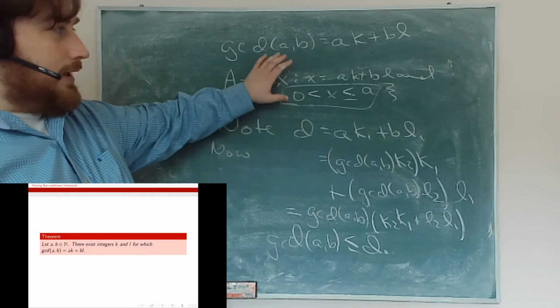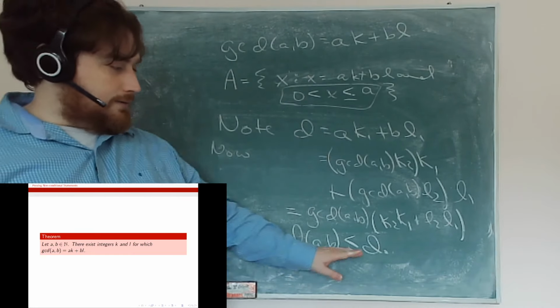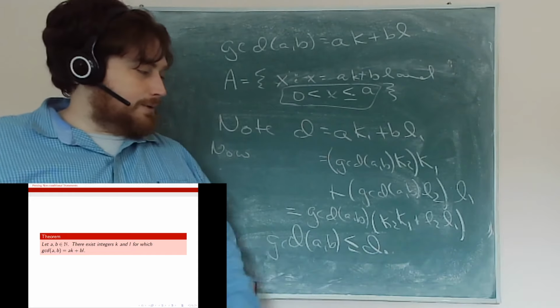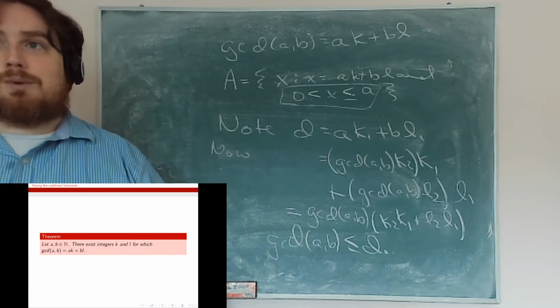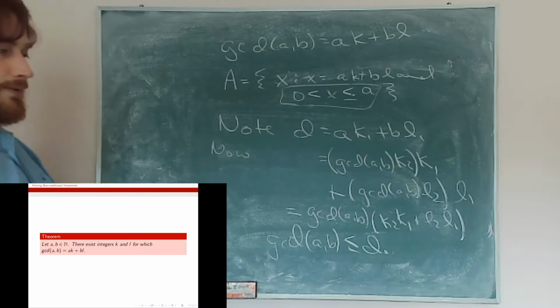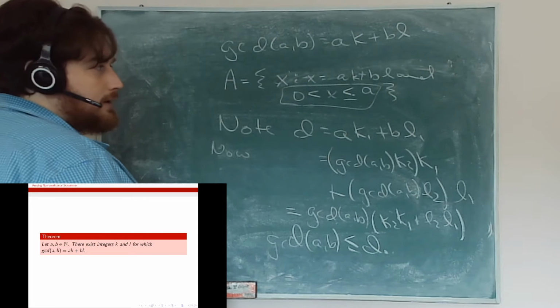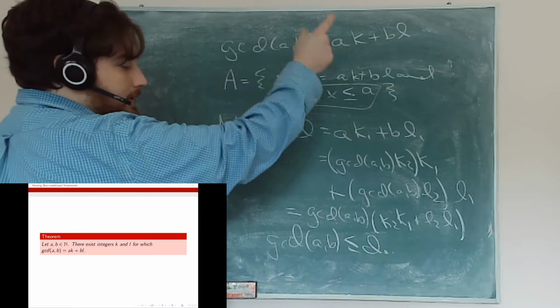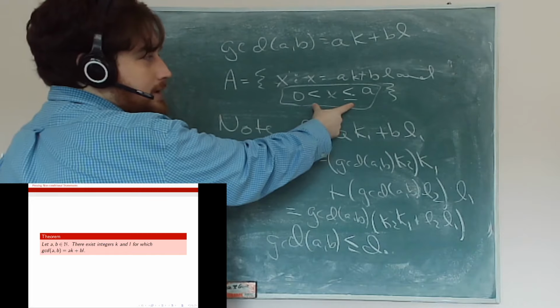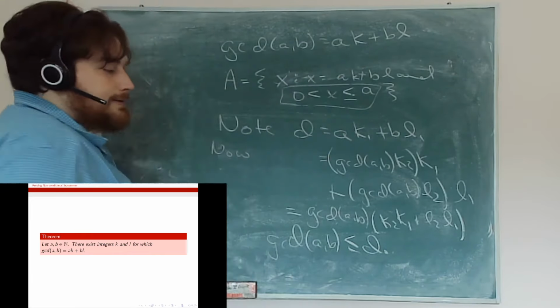So what I have is I let D be the smallest element in here, so I showed that this divides D, therefore this has to be less than or equal to D, so we're almost there. The only thing we have left to do is show that D is less than or equal to the greatest common divisor, and then we get that the greatest common divisor is equal to the smallest element of this set, therefore it's in this set, therefore I can write this as this.